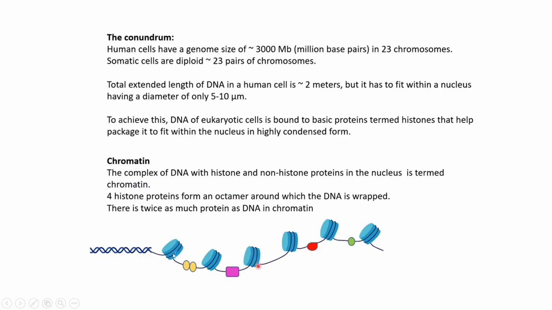How is the histone protein made? Four histone proteins form an octamer, around which the DNA is wrapped. Each histone protein has two subunits, so the four histone proteins make up eight subunits. There is twice as much protein as DNA in chromatin, so the number of histone and other non-histone associated proteins is twice that of the DNA.